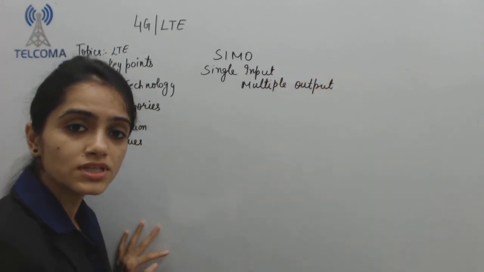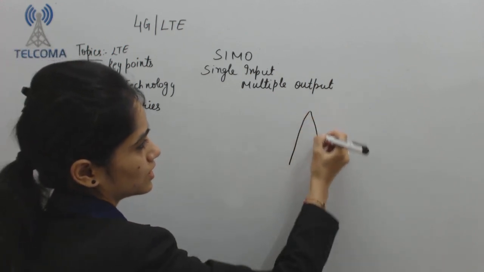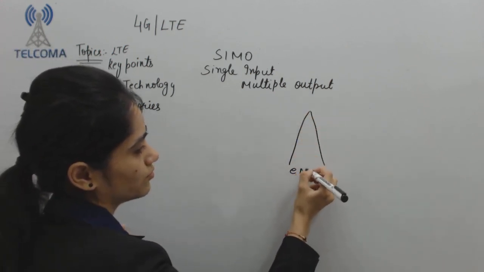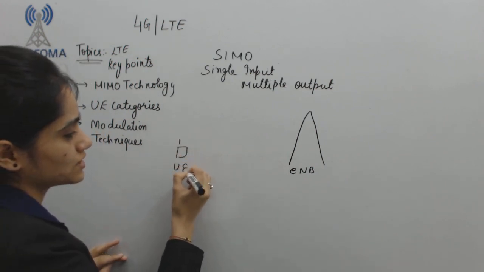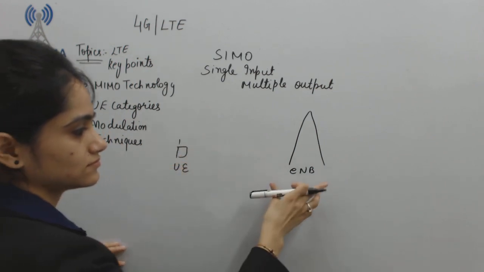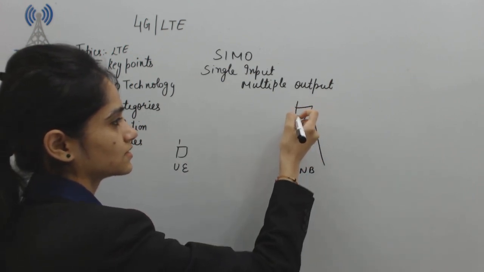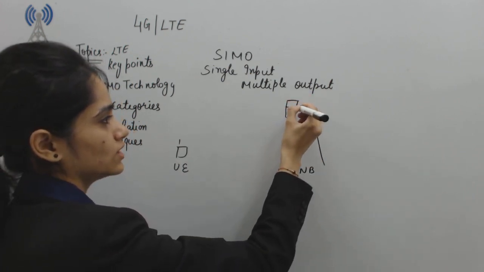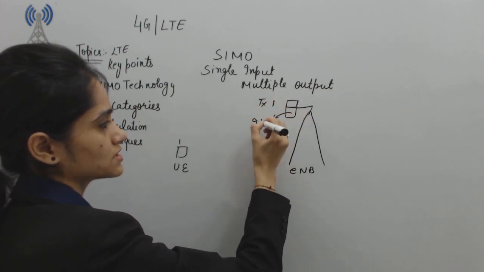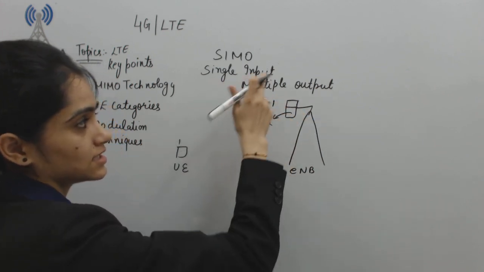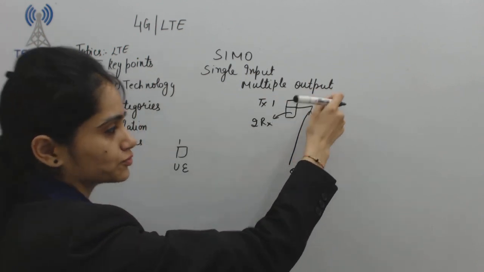This is the E node B, and here I have the user equipment. Single input means only one transmitter, and you have provided two receivers here. Single input but multiple output.